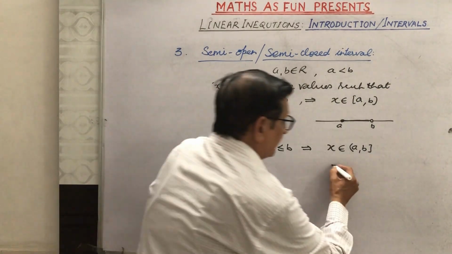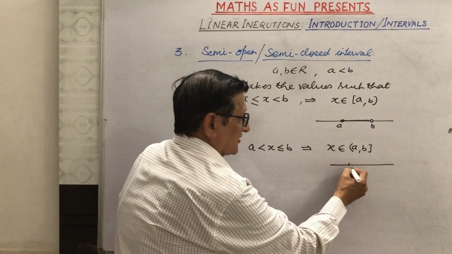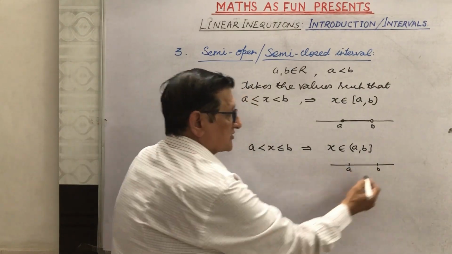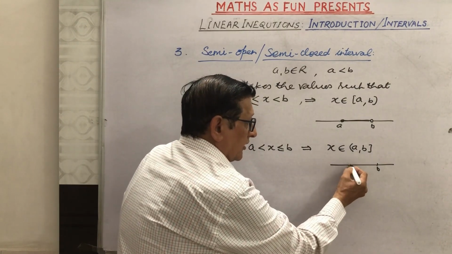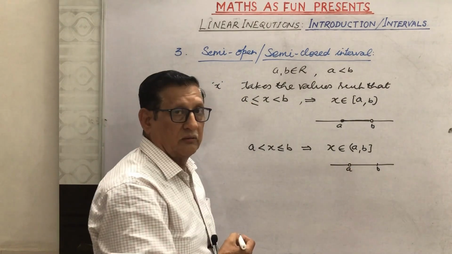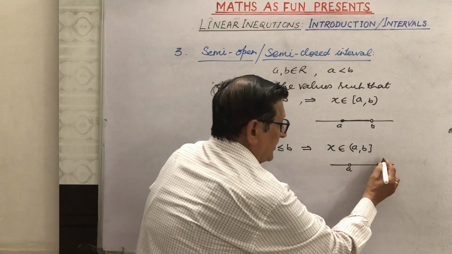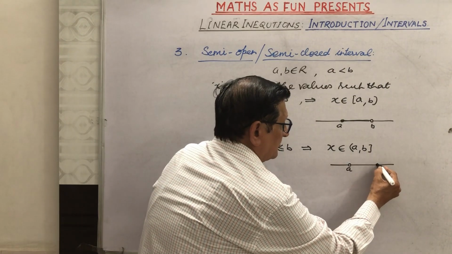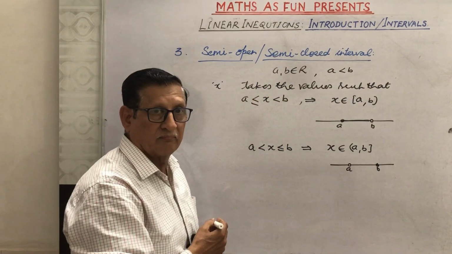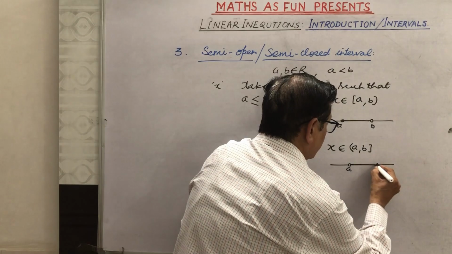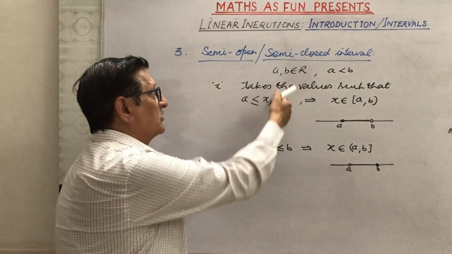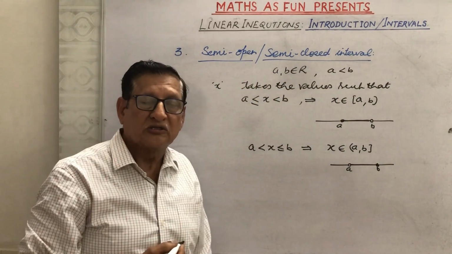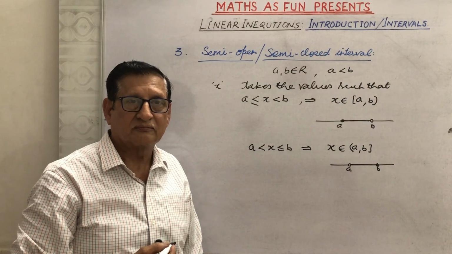And on the number line when we represent, this is a and this is b, this time a will be the hollow bubble or open bubble. And b will be closed bubble because b is included. And we darken the line between that. So these two are known as semi-open or semi-closed intervals.